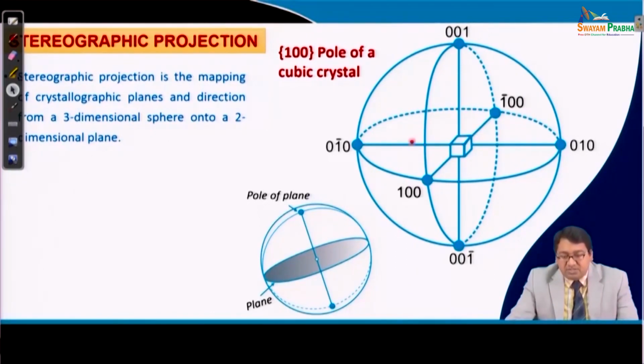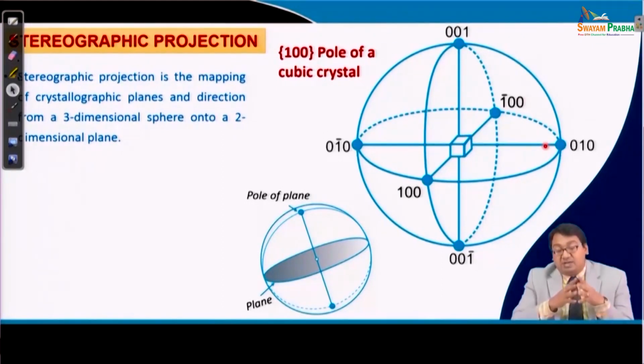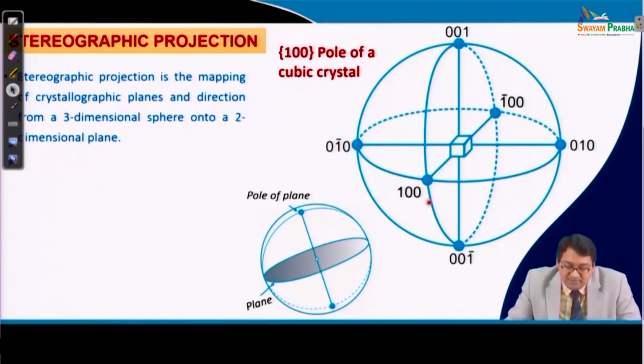So, this 3D stereogram obtained the information of some direction of the unit cell. Like this, we can obtain information of each and every plane and direction of these cubic unit cell in this 3D stereogram.